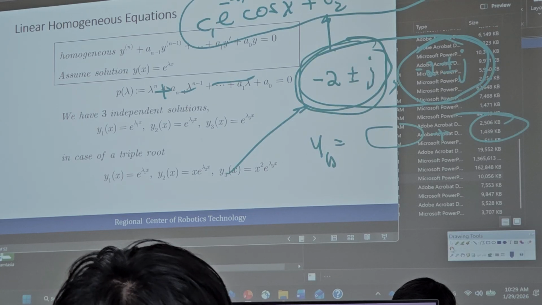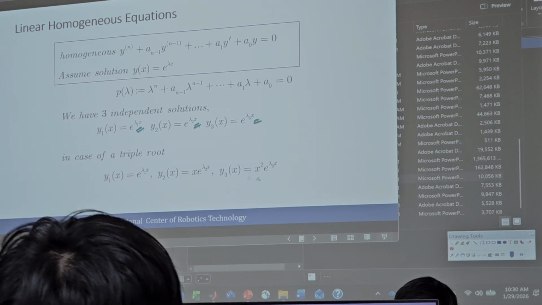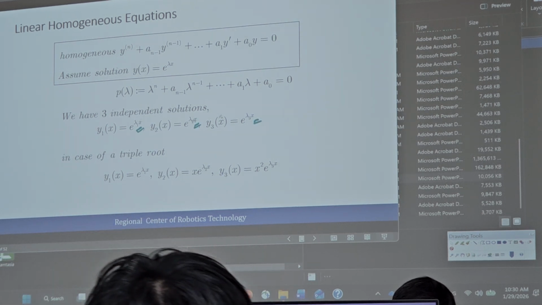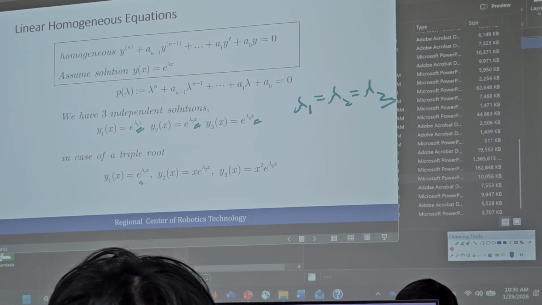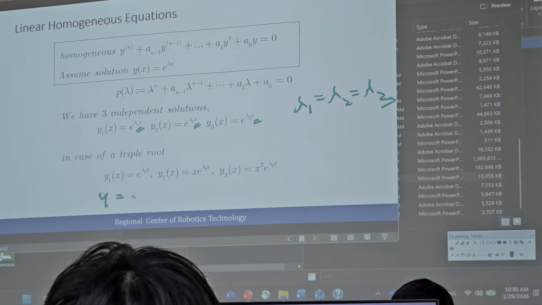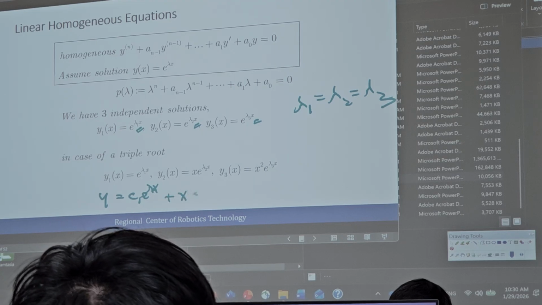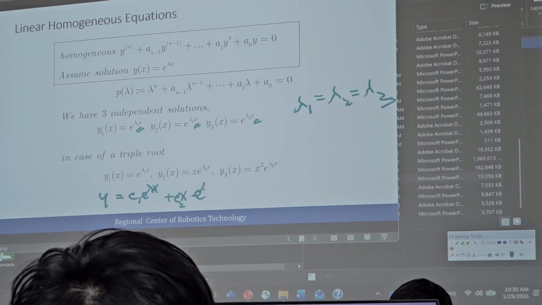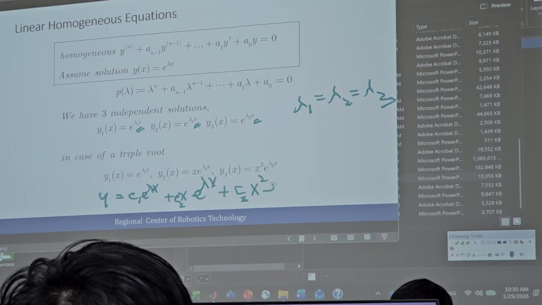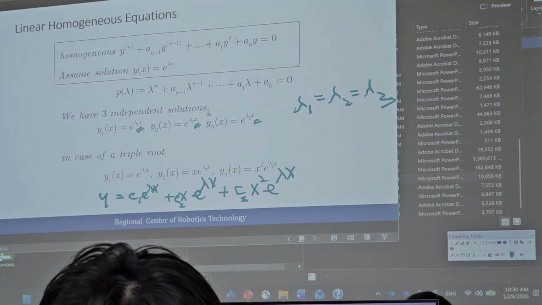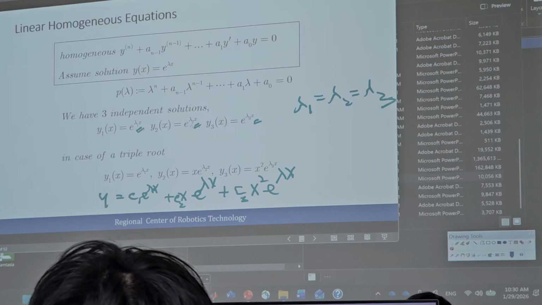If your roots are equal, in this case, if lambda 1 equals lambda 2 equals lambda 3, you can have y equal to C1 e to the lambda x plus C2 x e to the lambda x plus C3 x squared e to the lambda x, right? If you have 3 repeated roots, you have this one. Okay, if you have 3 distinct roots, you have this one.